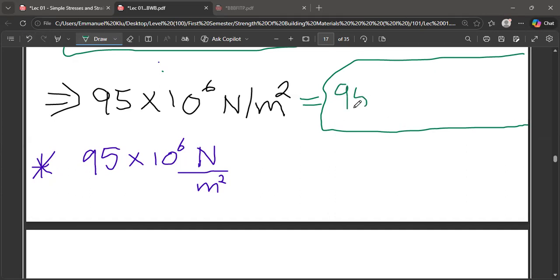This can also be written as 95 times 10 exponent 6 Newton, let's say, times 1 over what? Meter squared. Do you all agree with me?